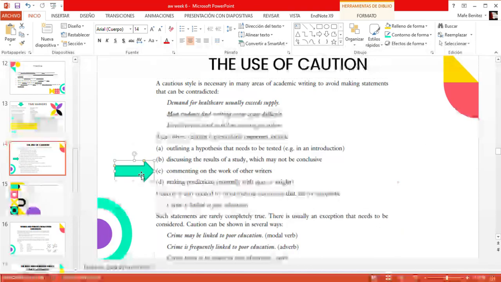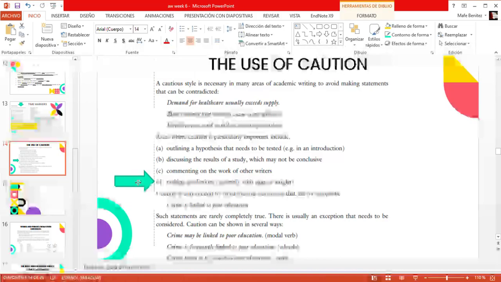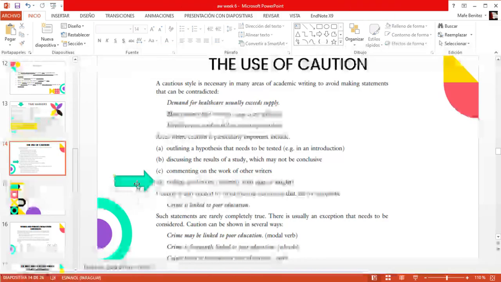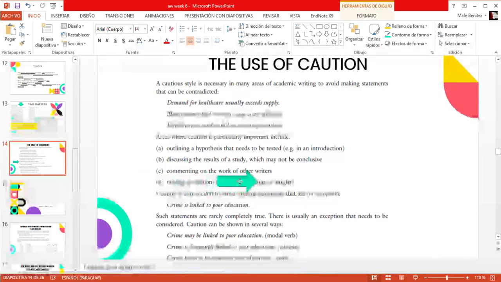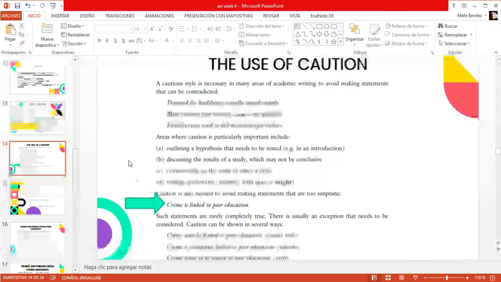Commenting on the work of other writers, be careful. Making predictions, which normally include may or might, okay? Caution is also needed to avoid making statements that are too simplistic. Crime is linked to poor education.